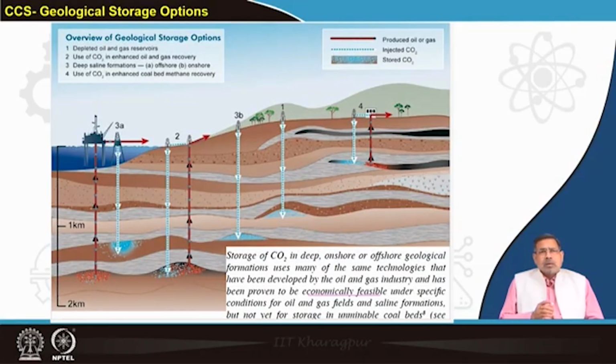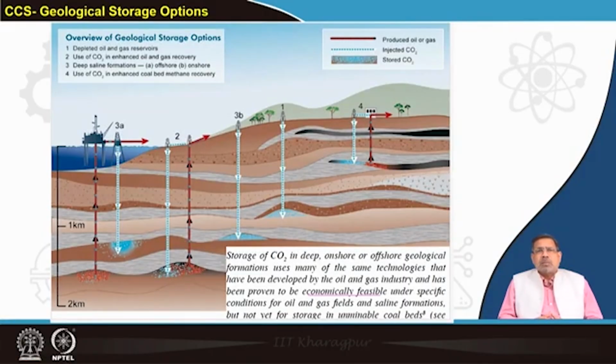So the point number 1, wherever 1 is written, you can see that here the carbon dioxide is used wherever the oil and gas reservoirs were earlier there, it has been extracted and now it is depleted. So that means there is some vacuum lying there. So there, this carbon dioxide is compressed and injected so that it lies there. There is space, there is a gap, so it can stay there. It can be stored there.